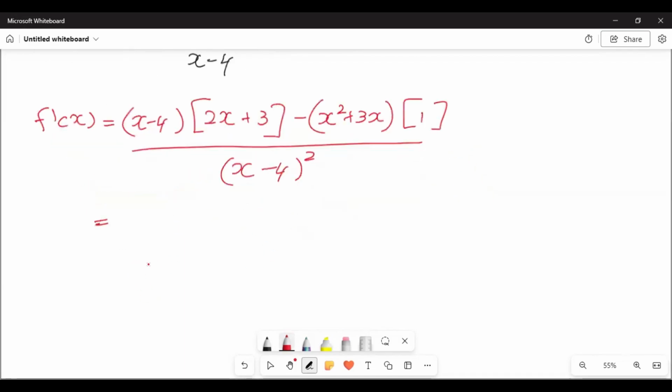So you can simplify this. It's going to be 2x to the power of 2 plus 3x. Negative 4 times 2x is going to be negative 8x, sorry, and this is going to be negative 12, minus x to the power of 2 minus 3x.